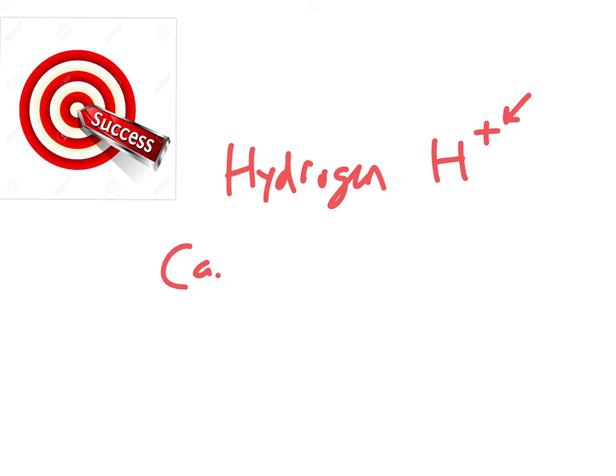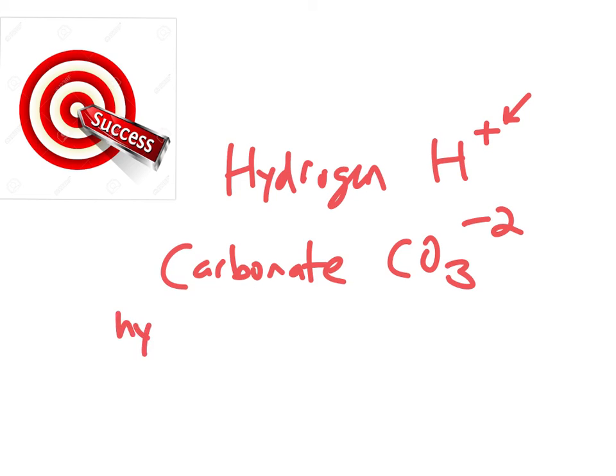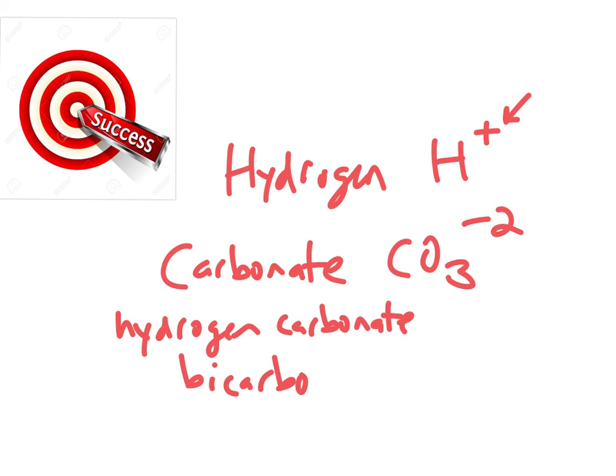So for example, carbonate is a polyatomic ion that's CO3 negative 2, but hydrogen carbonate, or remember it's also more commonly called bicarbonate, where bi does not refer to 2 but actually refers to the addition of hydrogen, is HCO3.